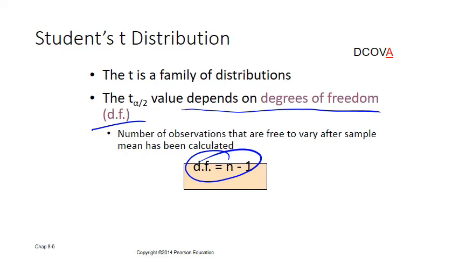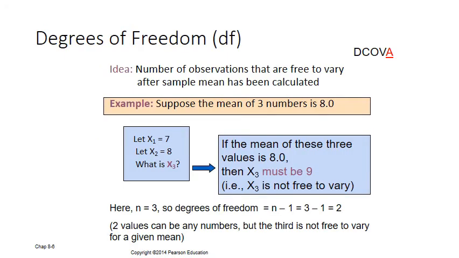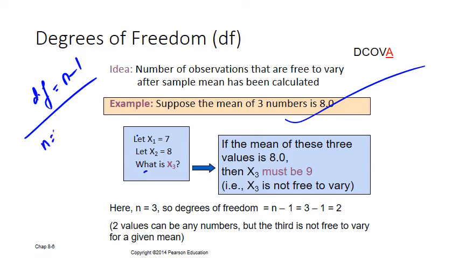I have already explained it. We don't need to go into what degrees of freedom is because it is not important to know here, but you can just see that it is n minus 1. For example, if your sample size n is 25, your degrees of freedom will become 25 minus 1, which is 24.